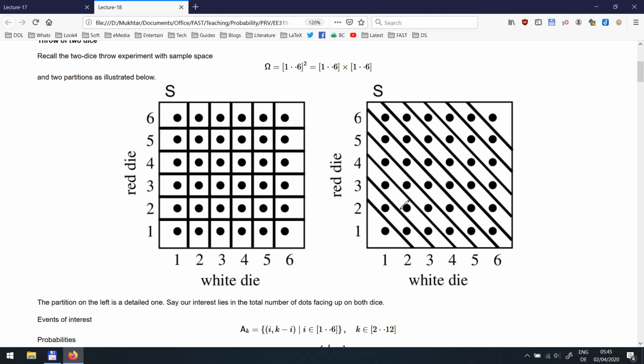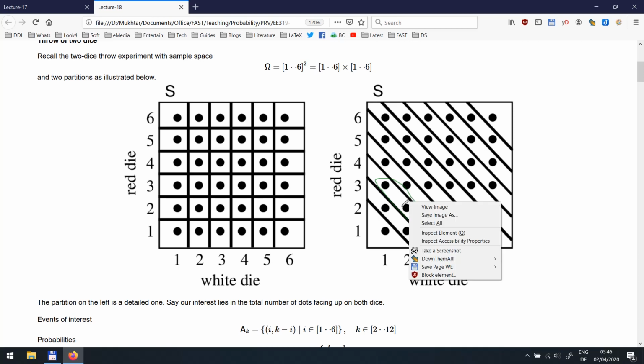So let's see an example. Let's say I am focusing on this one, this event. What is common in all these 3 elements? They all have the same total number of dots. How? For example, if I start with this one, how many dots do I have on the white die? 3. How many dots do I have on the red die? 1. So what is 3 plus 1? 4.